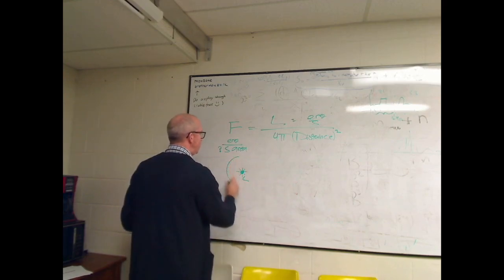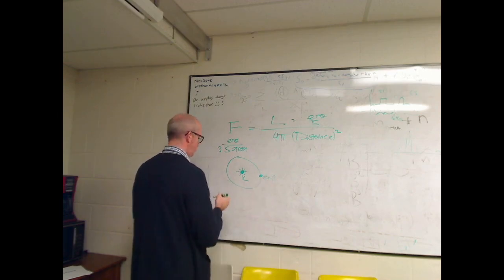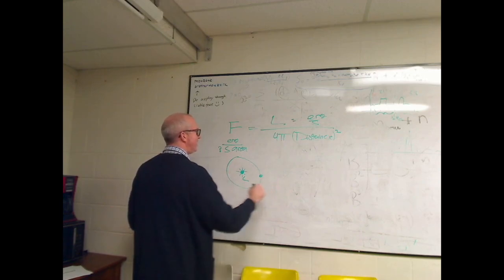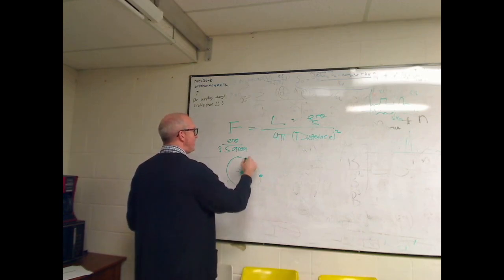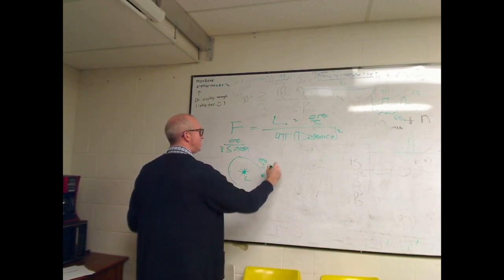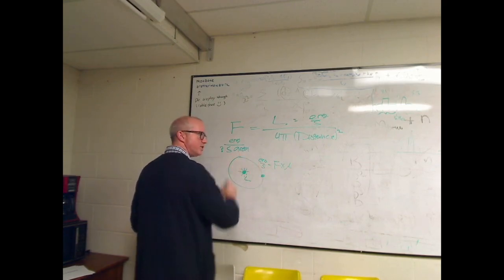So if I'm out here, say this is me on the Earth, then the total number of photons in ergs per second has got to be the flux that I see times the area of the surface.